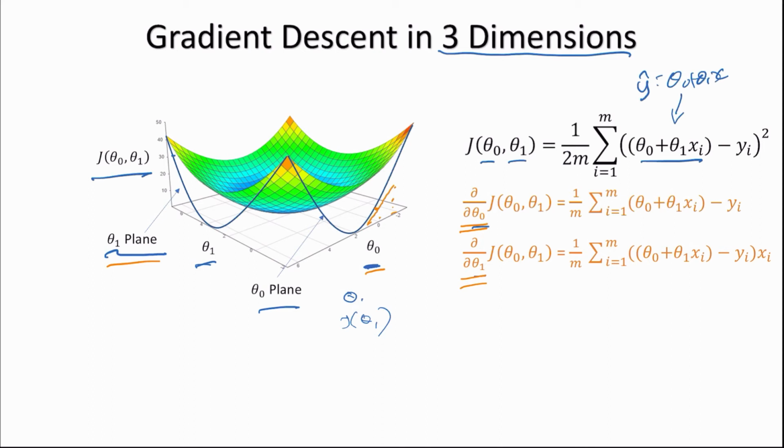We could technically draw a point on our θ1 plane and try to figure out the gradient like this, or we can use our partial derivative formula, which is a lot quicker. So the partial derivatives essentially just give us the slope of our cost function, relative to either the θ0 plane or the θ1 plane.